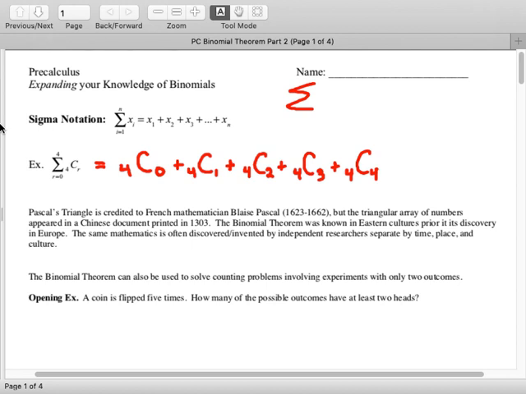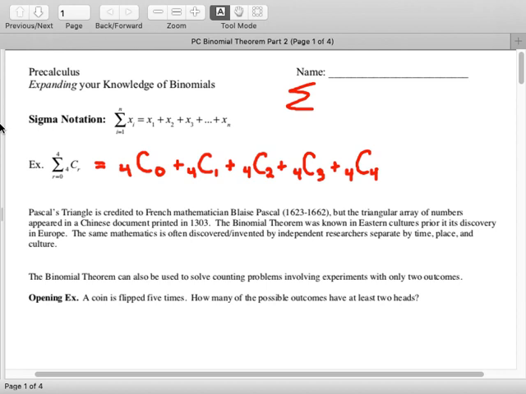Pascal's triangle is credited to French mathematician Blaise Pascal in the 1600s, but the triangular array of numbers appeared in a Chinese document printed in 1303. The binomial theorem was known in Eastern cultures prior to its discovery in Europe. The same mathematics is often discovered or invented by independent researchers separated by time, place, and culture.